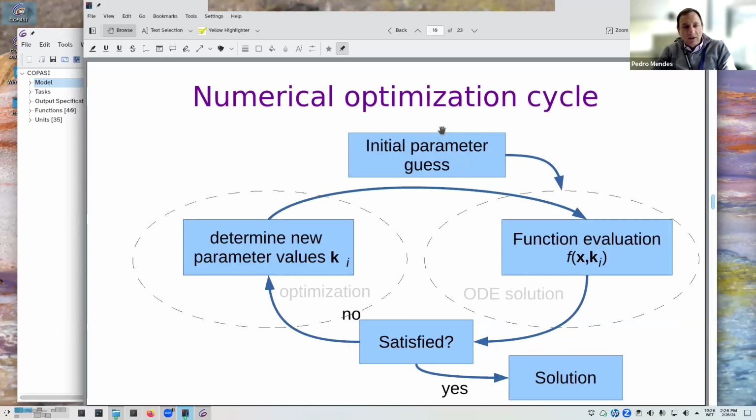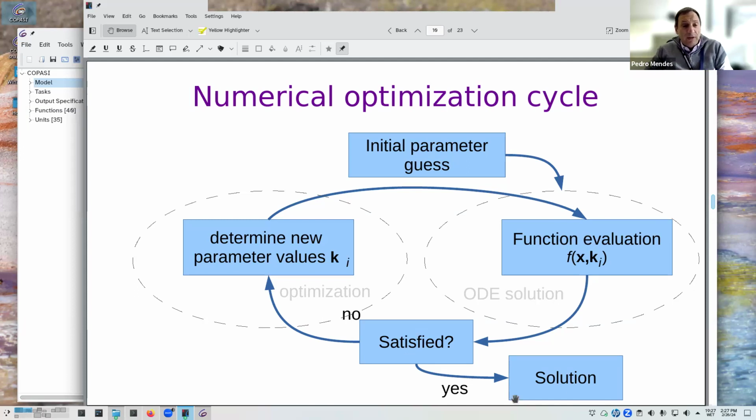Now, all the optimization algorithms work according to the same principle, which is they start with a certain initial parameter guess. There is a set of values of parameters that could even be random, or it could be your best guess, but they're certainly a guess. They're likely not close to the solution. We use them to simulate the model, and we compare the model to the data and ask the question, is this close enough? We're going to have a criterion to know when it is close enough.